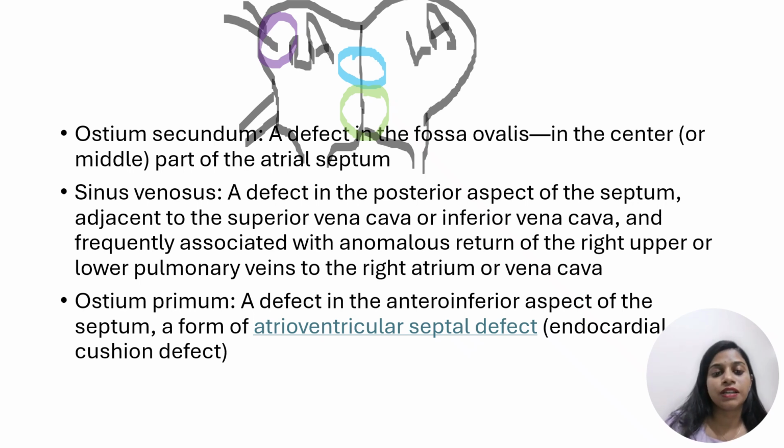And then if it is coronary sinus defect, I didn't mention it in the slide. So the coronary sinus will be draining to the right atrium.